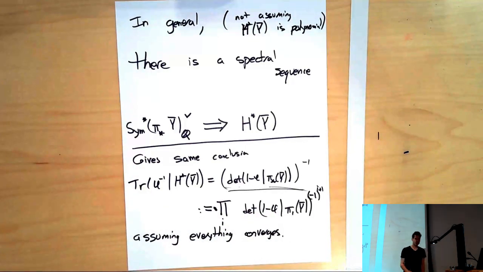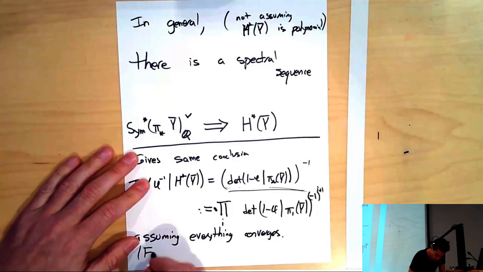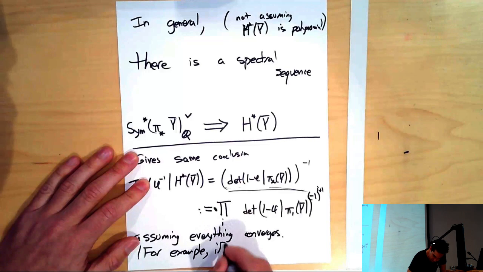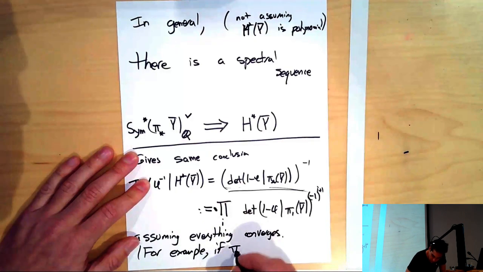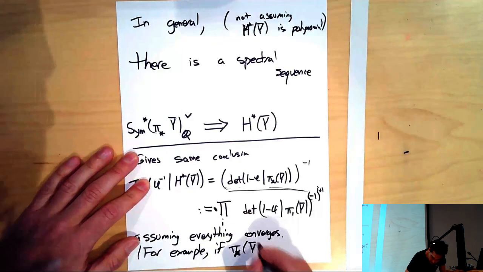And when does everything converge? Well, one way to ensure that is, for example, if you knew that these homotopy groups were finite dimensional as a vector space.